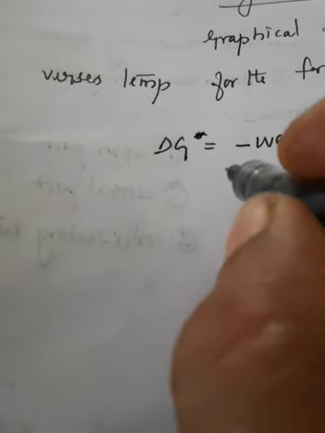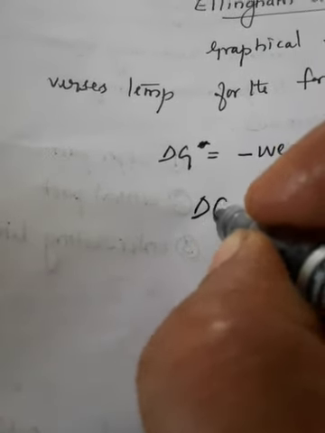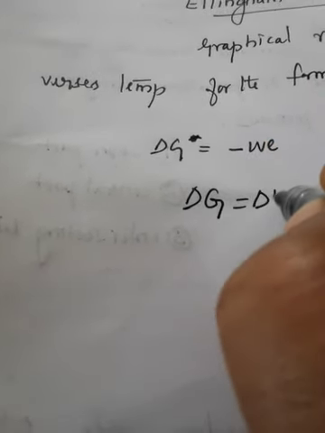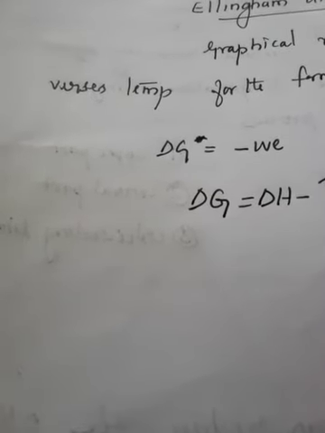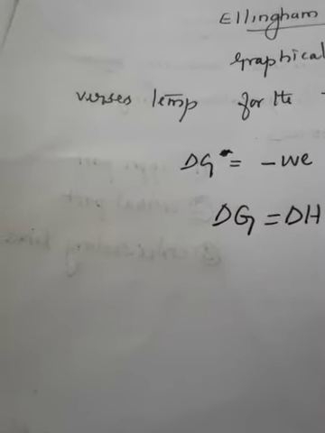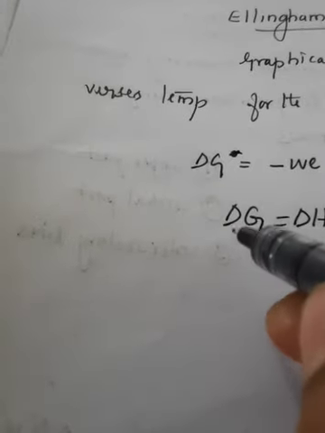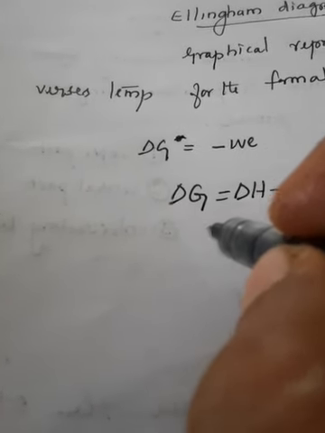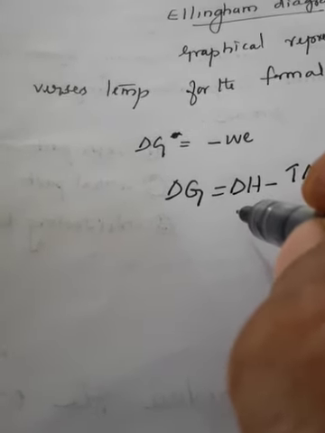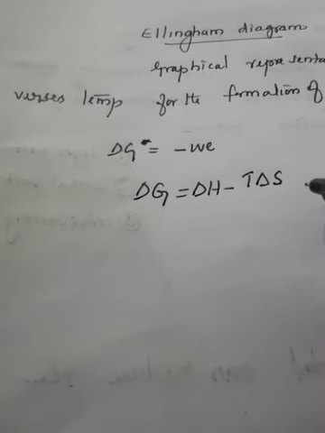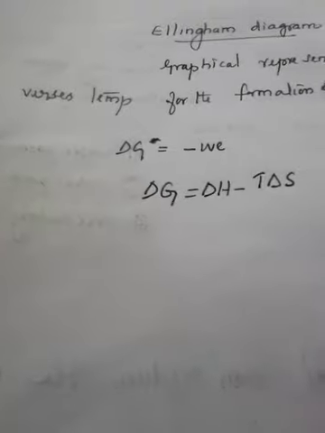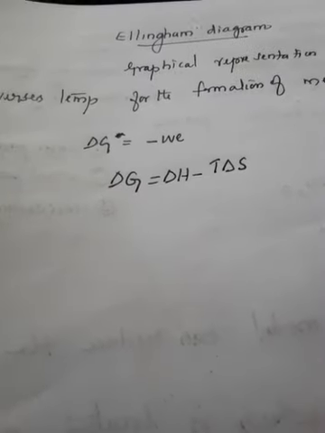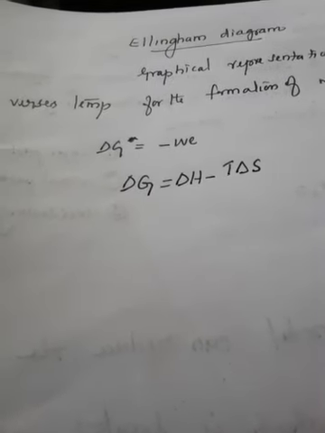For all processes, delta G is given as delta G equals delta H minus T into delta S. This is an important thermodynamic equation. Delta G means change in Gibbs free energy, delta H means change in enthalpy, and delta S means change in entropy. Entropy means measure of disorder.